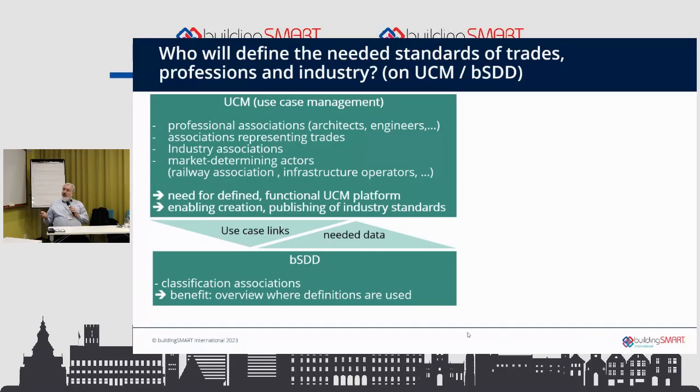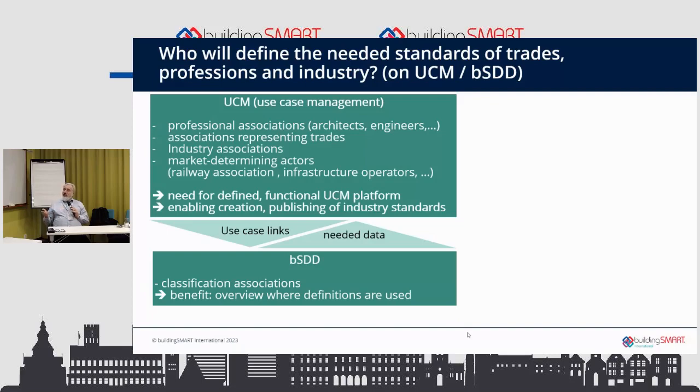And if the link to the BSDD is made, so these are the processes, these are the attributes you need. The benefit for the people defining the attributes in the BSDD, the classification associations, is that they can see where their data is used, for what they are responsible.